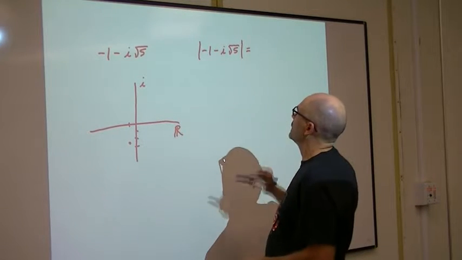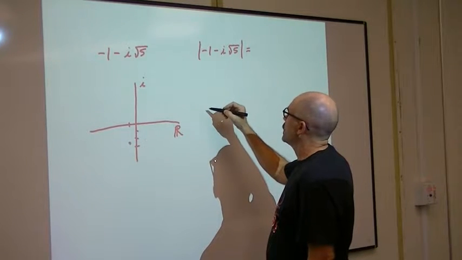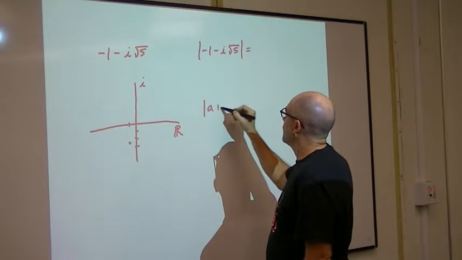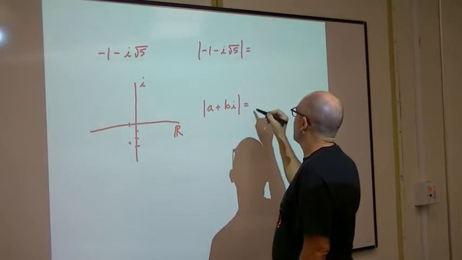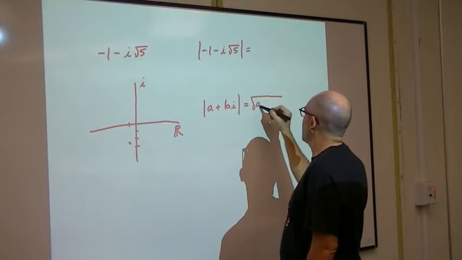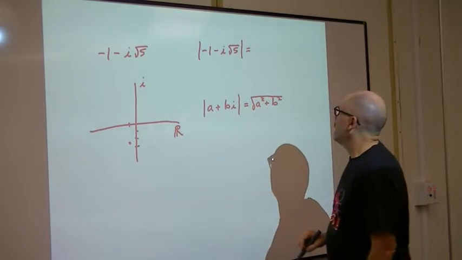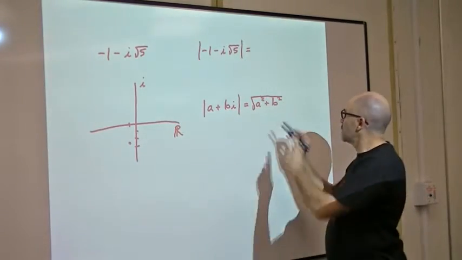So it's basically, what's the magnitude of that? But I'll give you a general formula: a plus bi. The absolute value of that is the square root of a squared plus b squared.